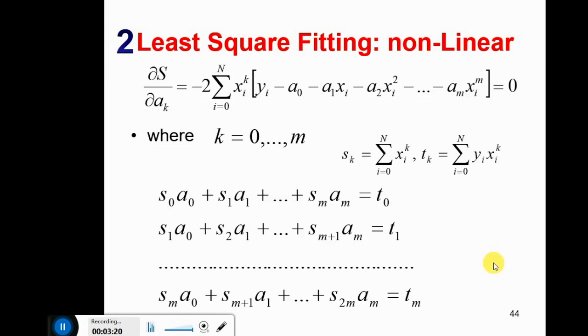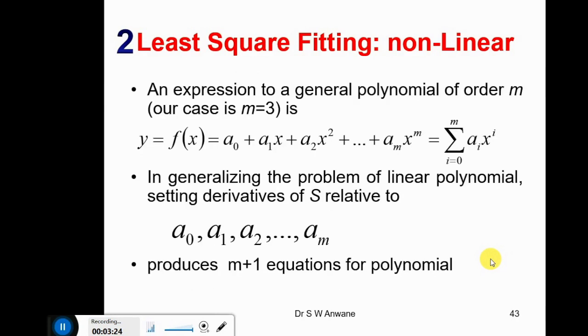Basically the method goes in the same sense: to find a0, you need to differentiate with respect to a0, then with respect to a1 and so on.